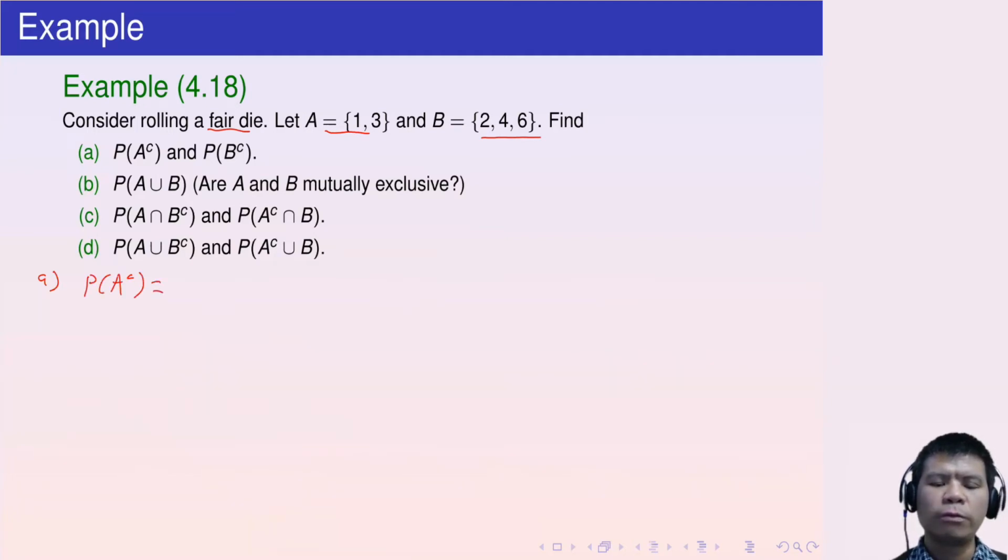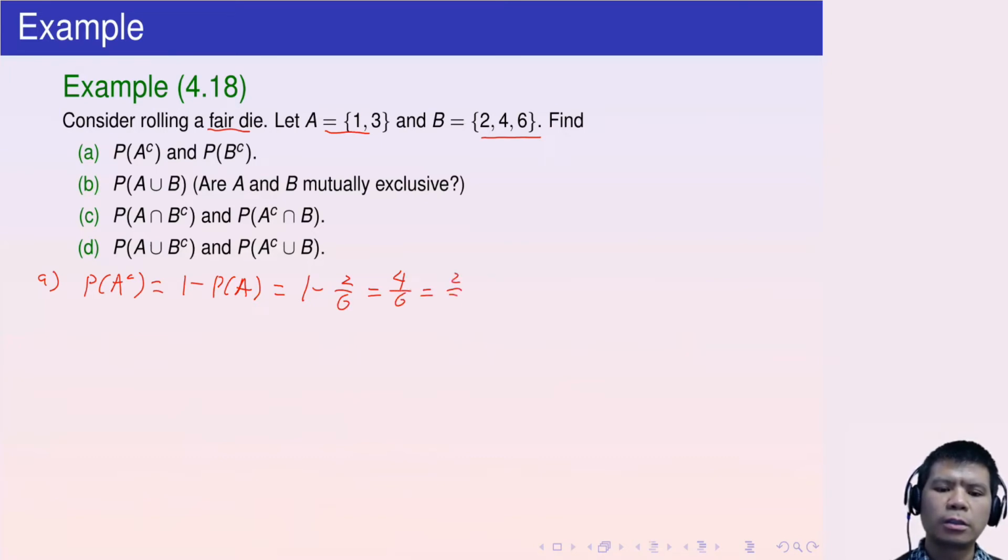Since it's a fair die, it's 1 minus the probability of A. There are 2 outcomes in event A, so it's 1 minus 2 over 6, so it's 4 over 6, or 2/3. Similarly, the probability of B complement is 1 minus the probability of B. For B, there are 3 outcomes, so it's 3 out of 6, which is 1/2.